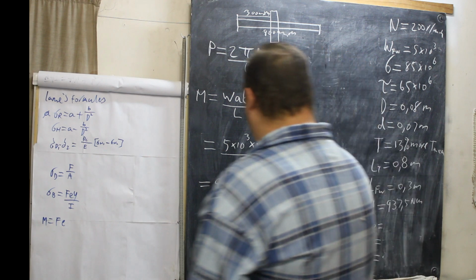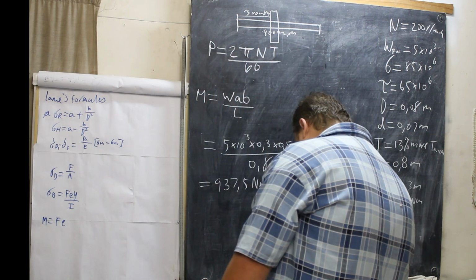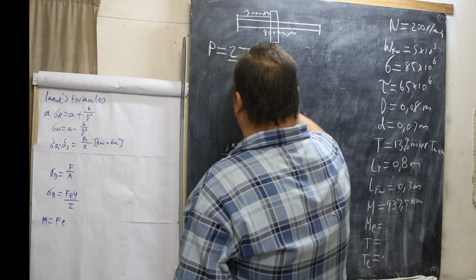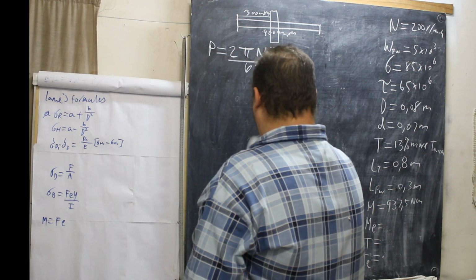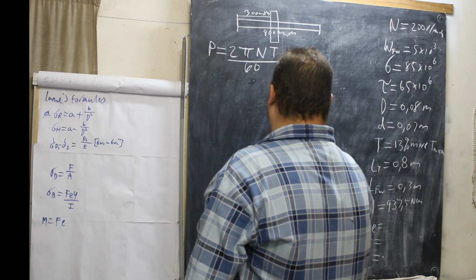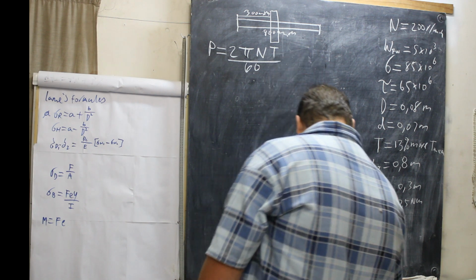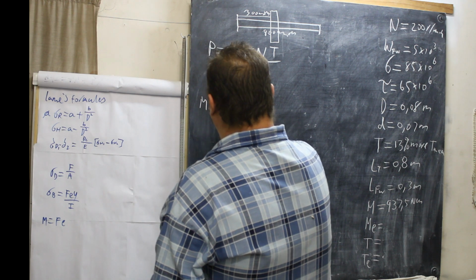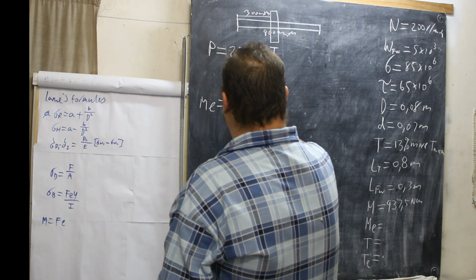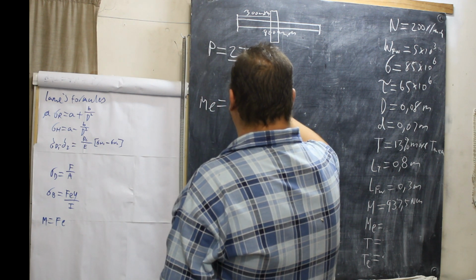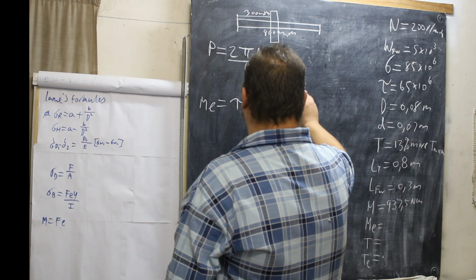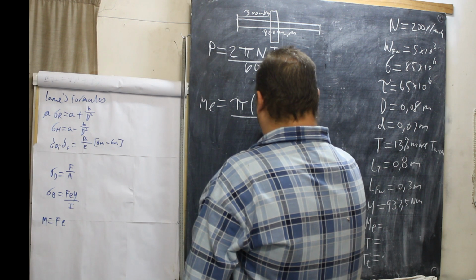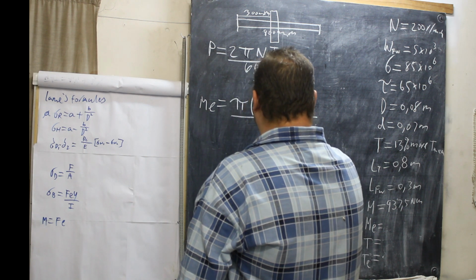Okay, now that we've got this, we'll need to calculate ME. ME's formula is ME equals pi times D to the power 4 minus d to the power 4, times sigma, over 32D.